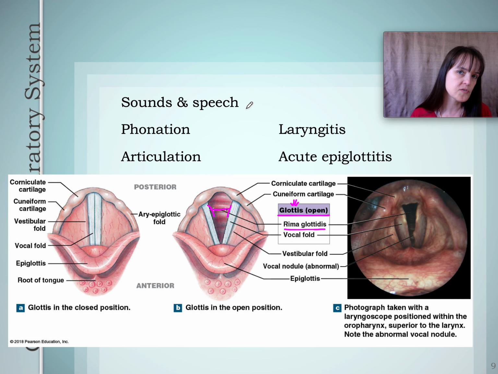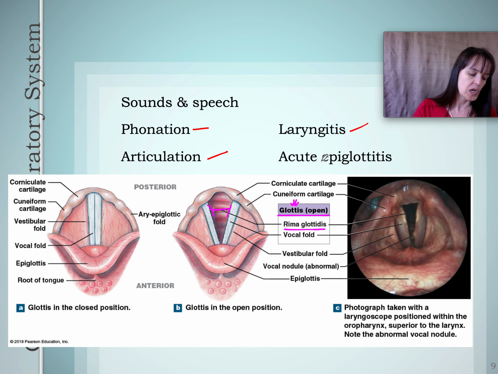So turning those phonations into speech is called articulation, and that involves the mouth, the teeth, the tongue, the lips, and all the different sounds that you make with your lips and tongue on the teeth turn the phonation into articulation. Ah versus la la la. That's how that works. Laryngitis is inflammation of the larynx.